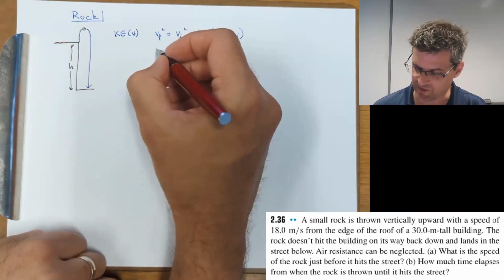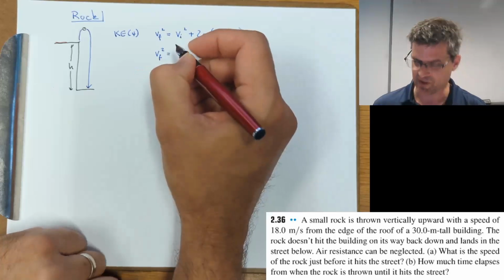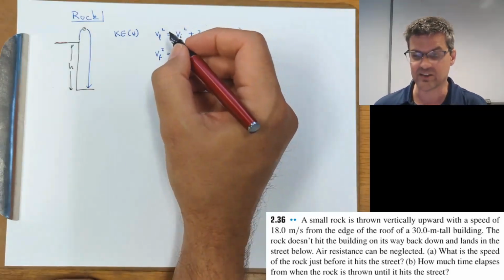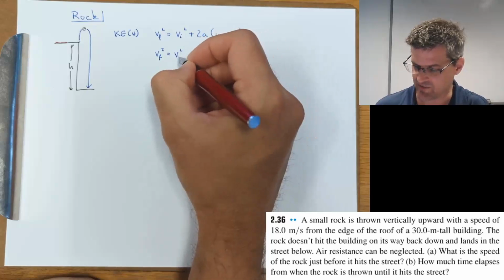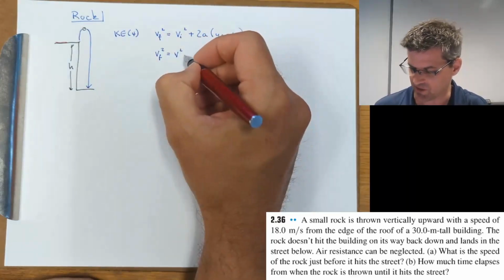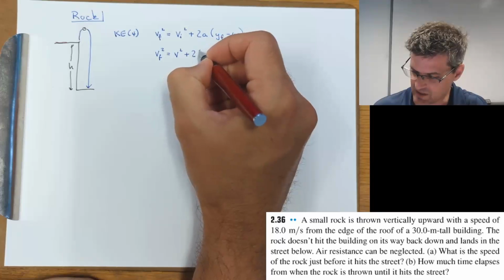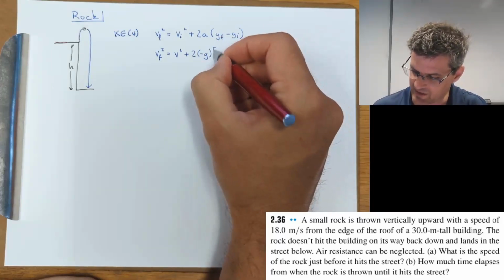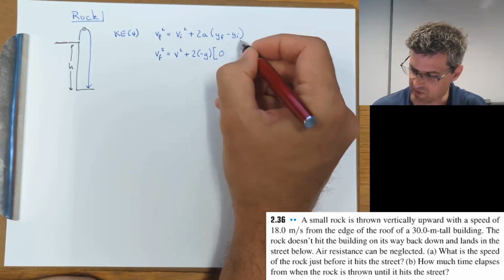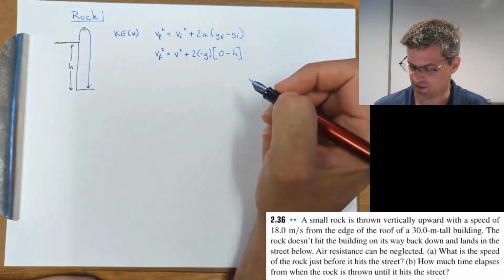We don't know what v final squared is, so let's just keep it like this. But our initial velocity is told to us. So we'll plug that in later. This is the v that was given to us in the problem. What's the acceleration? Minus g. What's my final height? 0. What's my initial height? h. Like so.